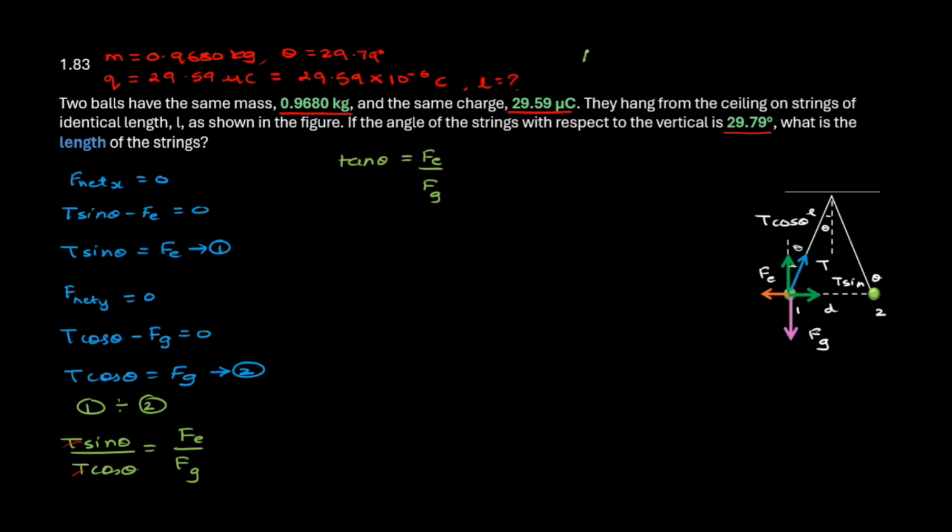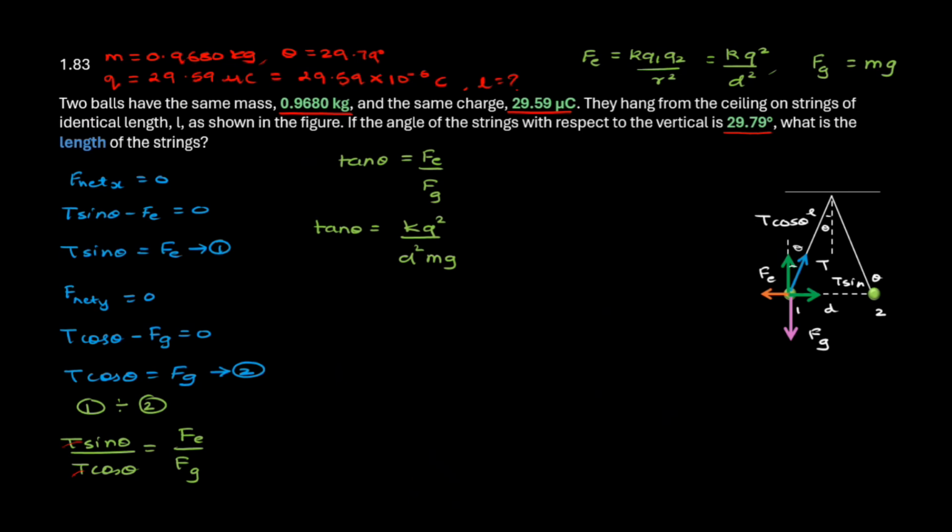Now we know the electrostatic force of attraction or repulsion between two charged objects is k Q1 Q2 over r squared. Since both balls have the same charge, we can write it as kq squared. The distance between them is d, so in place of r, I will write d squared. Whereas force due to gravity, Fg is m into g. Let us substitute this in this equation. So we get tan theta equals kq squared over d squared into mg.